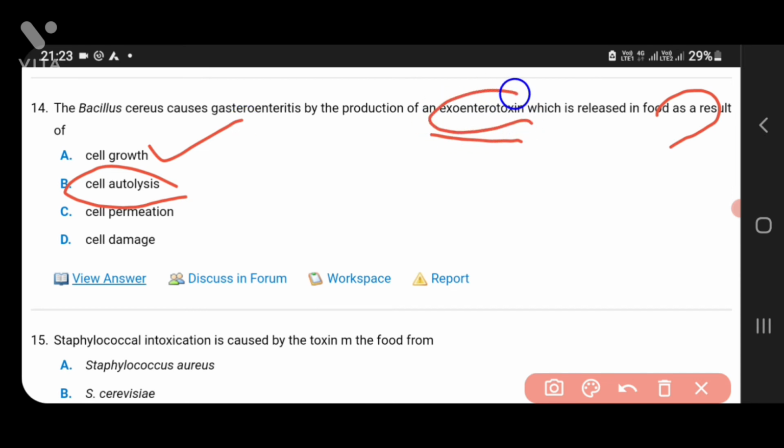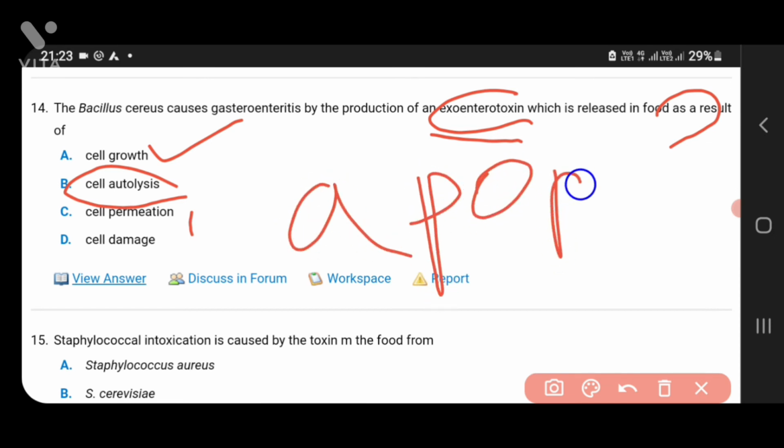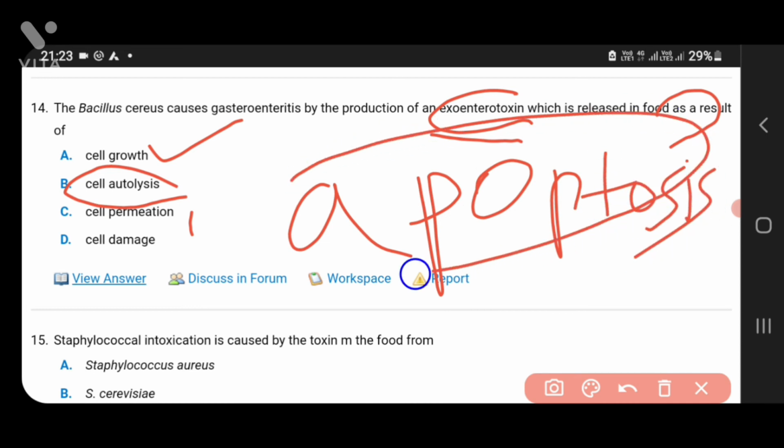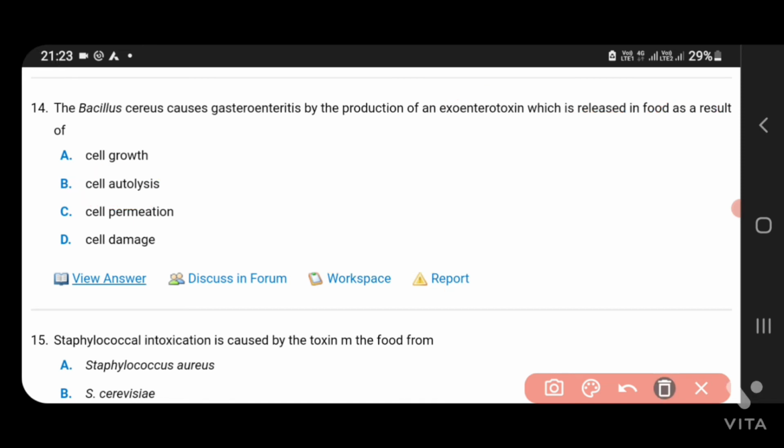In cell permeation also it is not, and cell damage also not, but when cell autolysis happens, autolysis is also called apoptosis. In that case it releases the toxin which is called exoenterotoxin. In that case there is a disease.